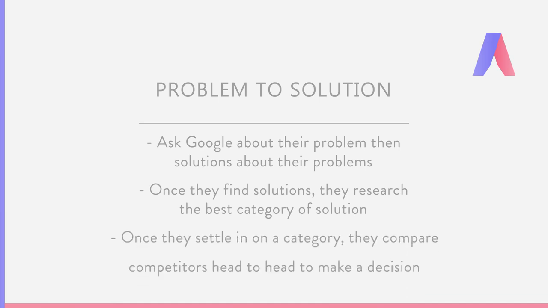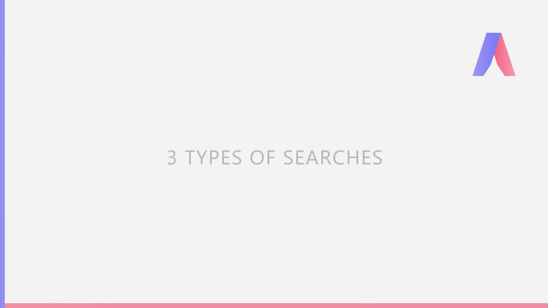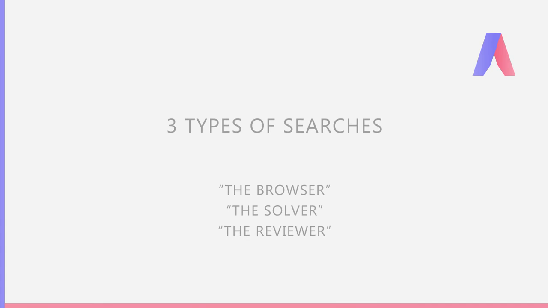Once they settle in on the category, then they start comparing solutions or competitors head-to-head before they make a decision. The 3 types of searches and the 3 types of searchers we're going to go through in detail. I call them the browser, which is this first layer, the solver, which is the second layer, and the reviewer, which is the third layer.